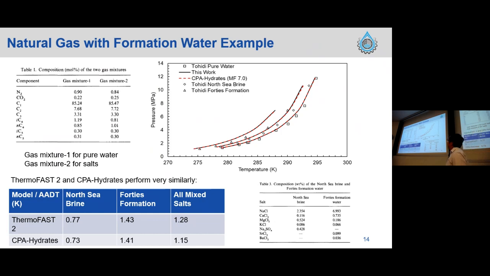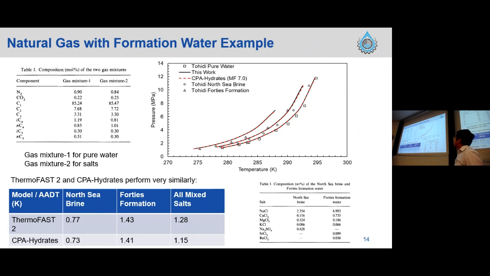We can see that the CASH model, which is implemented in our software, Thermofast 2, and CPA Hydrate from Multiflash perform quite similarly for the experimental data shown here, where the average deviation is slightly above CPA Hydrate for the CASH model, but it is within your typical experimental uncertainty of about 0.1 to 0.2 Kelvin for these more complicated systems.